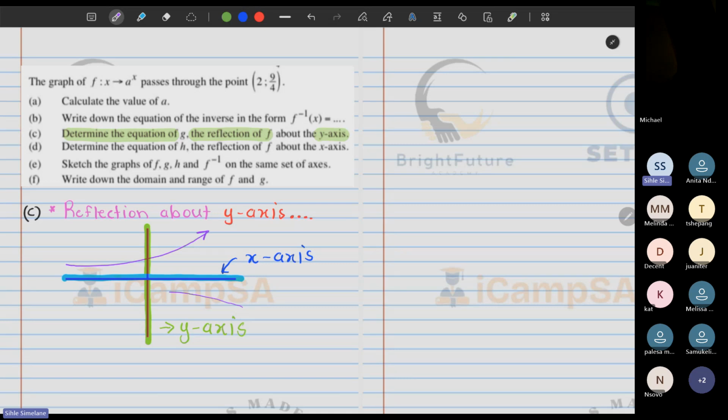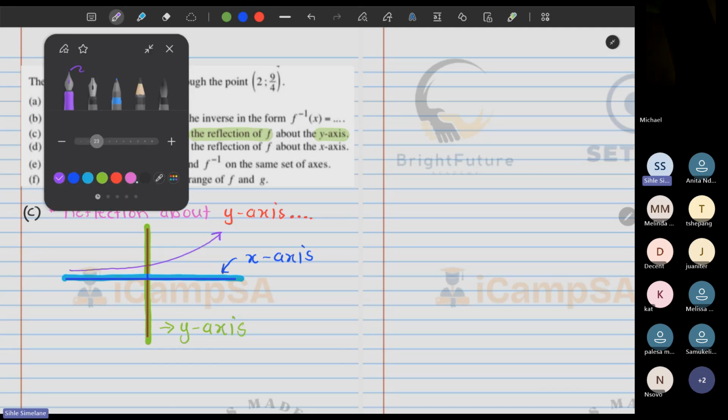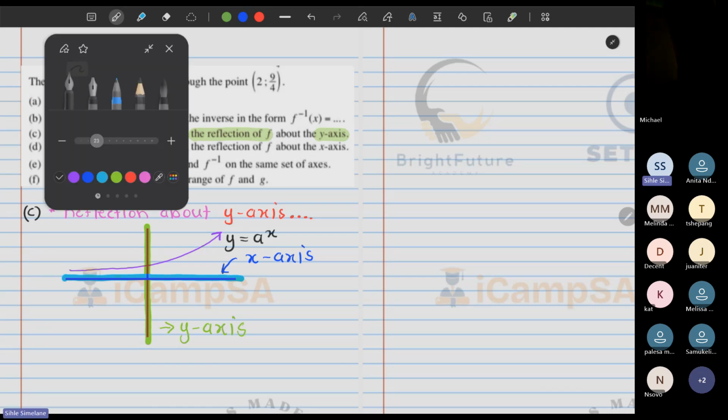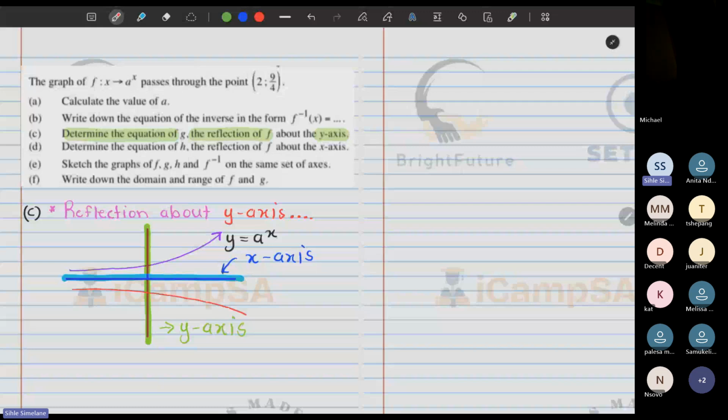If I'm reflecting it like that, what that means is I need to multiply the y by a negative. So change the equation by a negative. So if, for example, I have y equals a to the power of x, for me to have a reflection about the y-axis, which is this one here is a reflection.